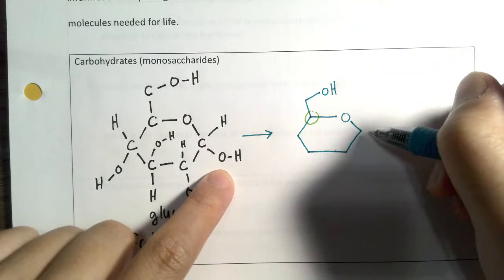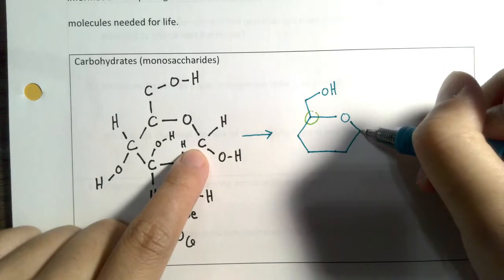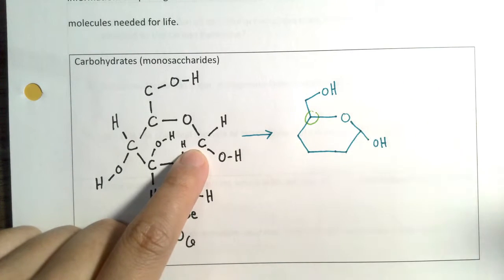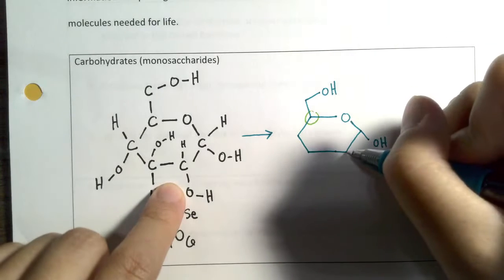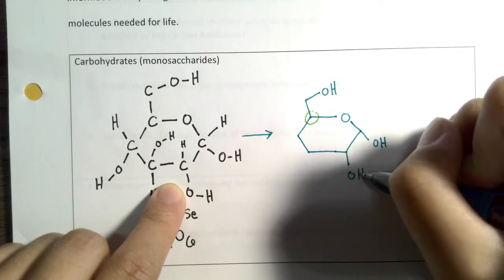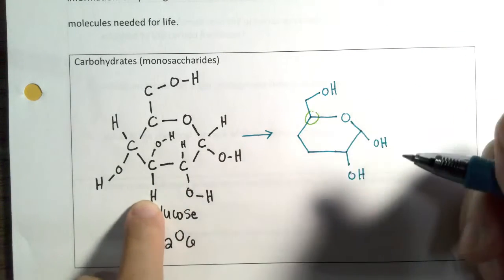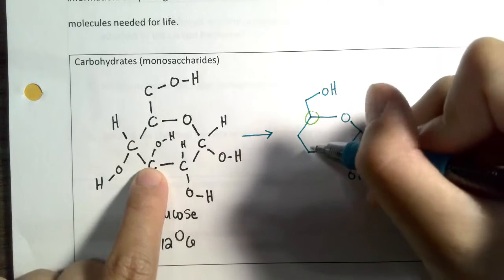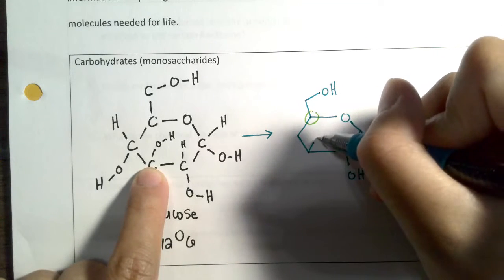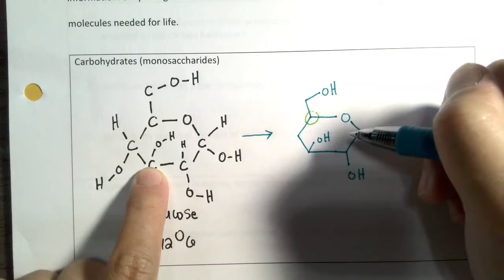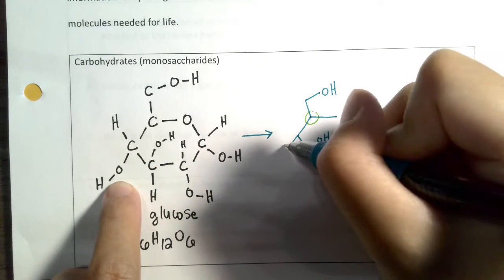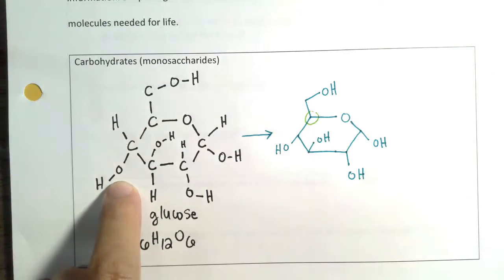And then this carbon is connected to an OH. This carbon is also connected to an OH. This carbon is connected to an OH at the top. This carbon is also connected to an OH.